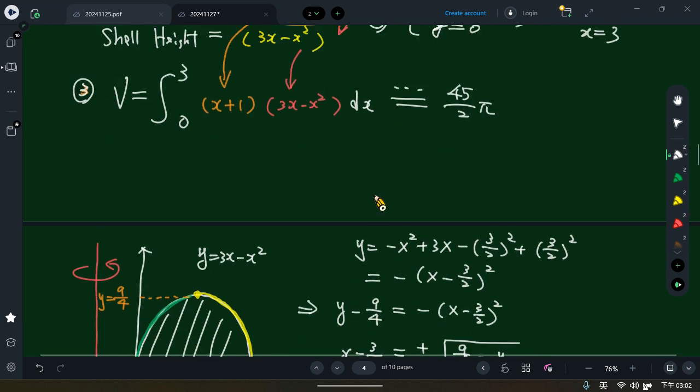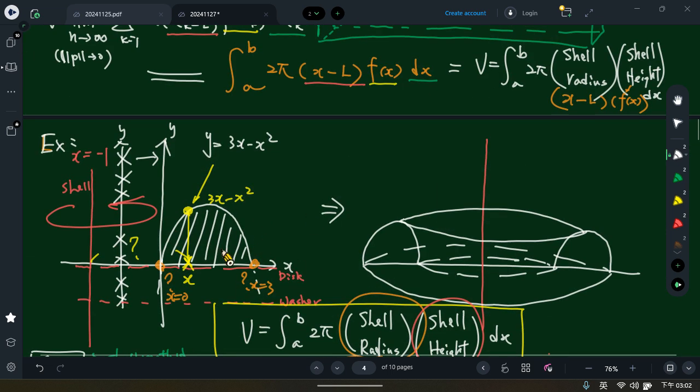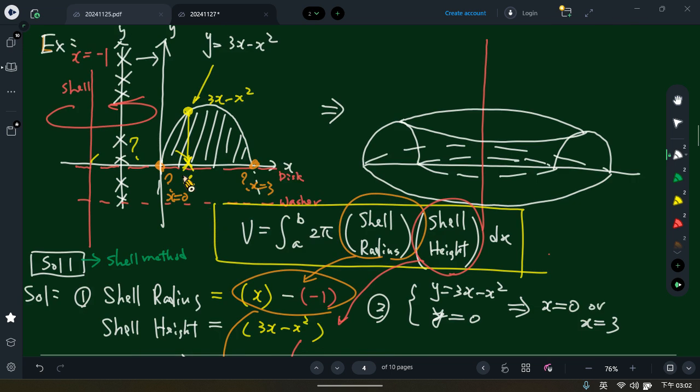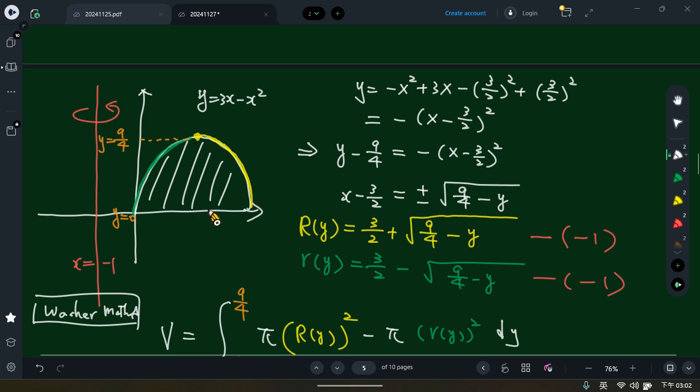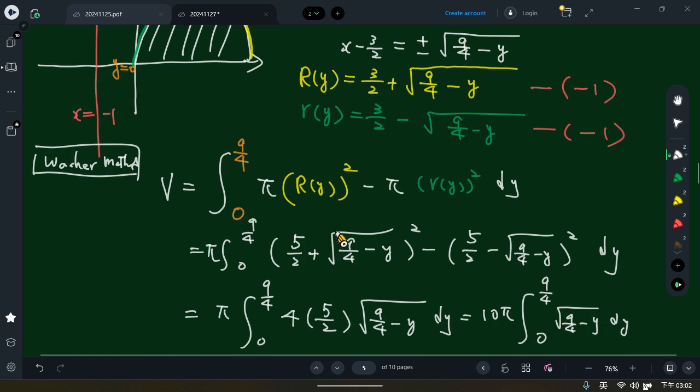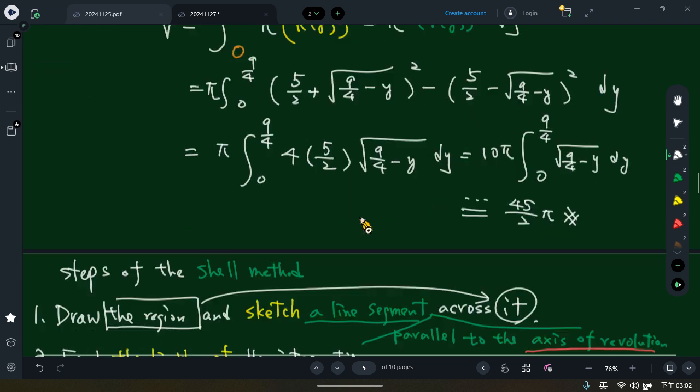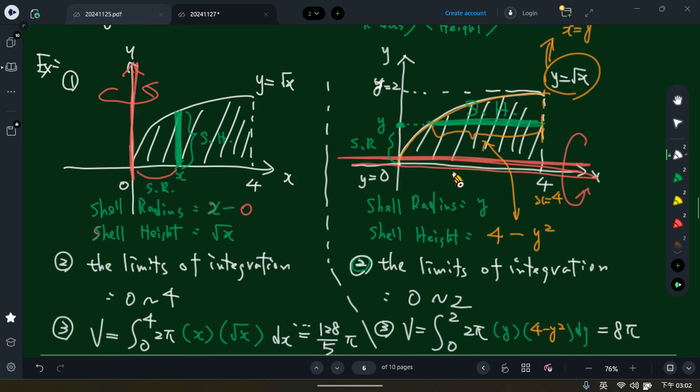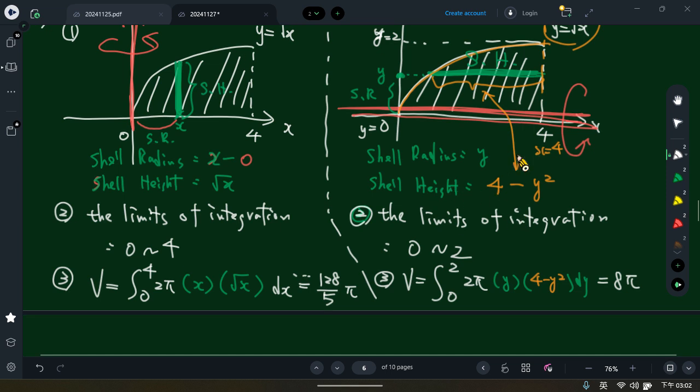In this case the shell method is easier, but you can still insist on using the washer method, though it becomes more complicated. In the other case, the washer method is easier, but if you insist on the shell method, it becomes a little complicated.